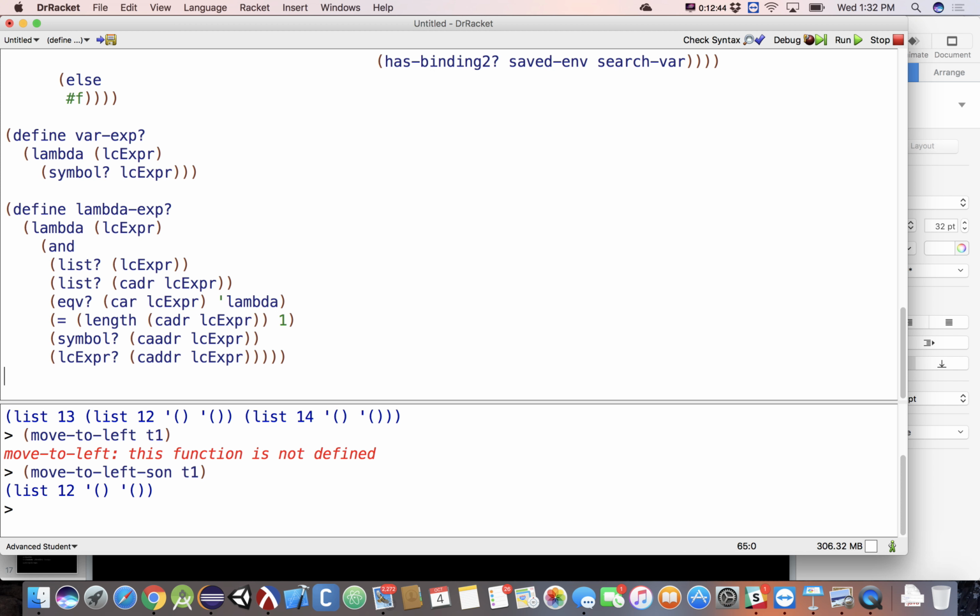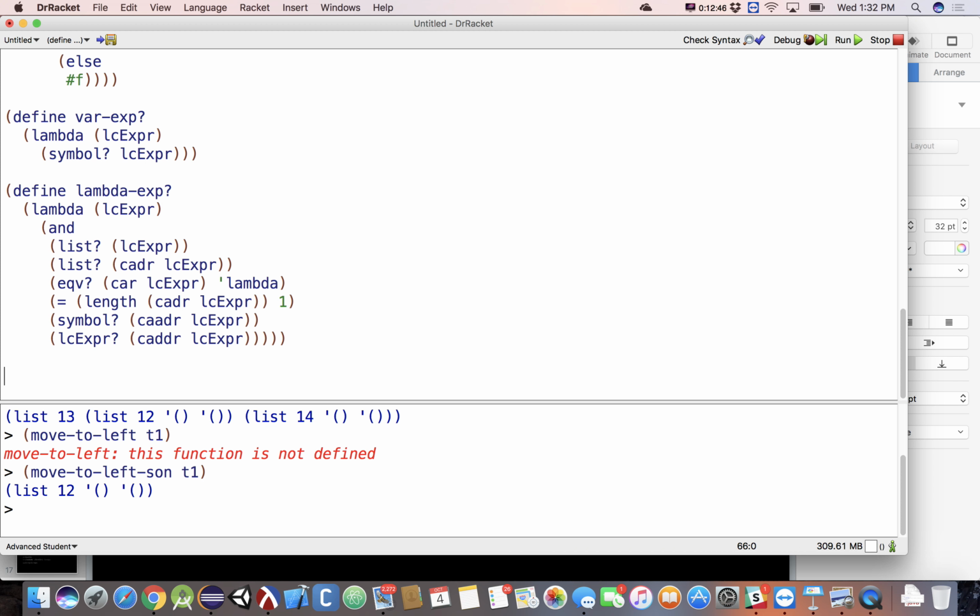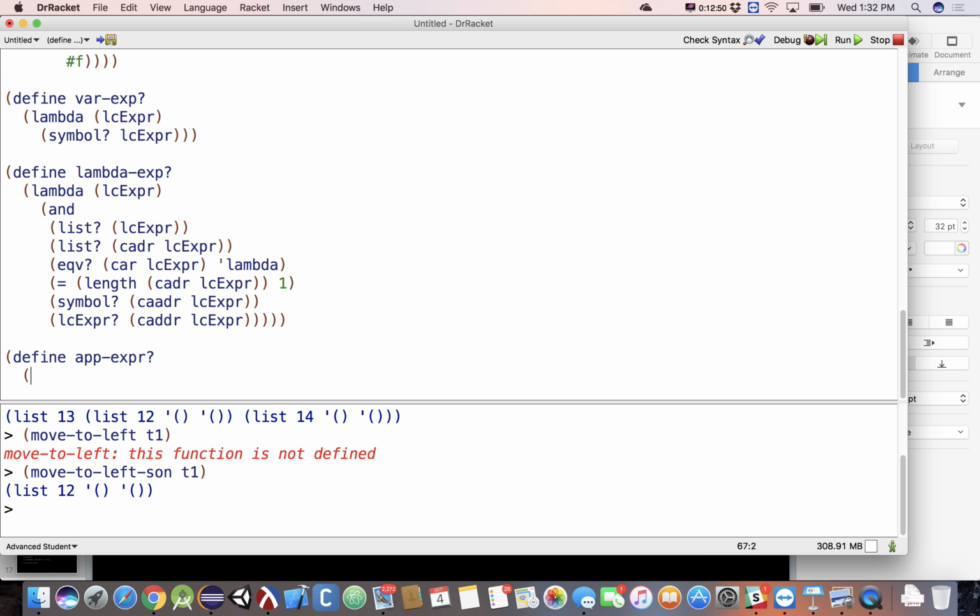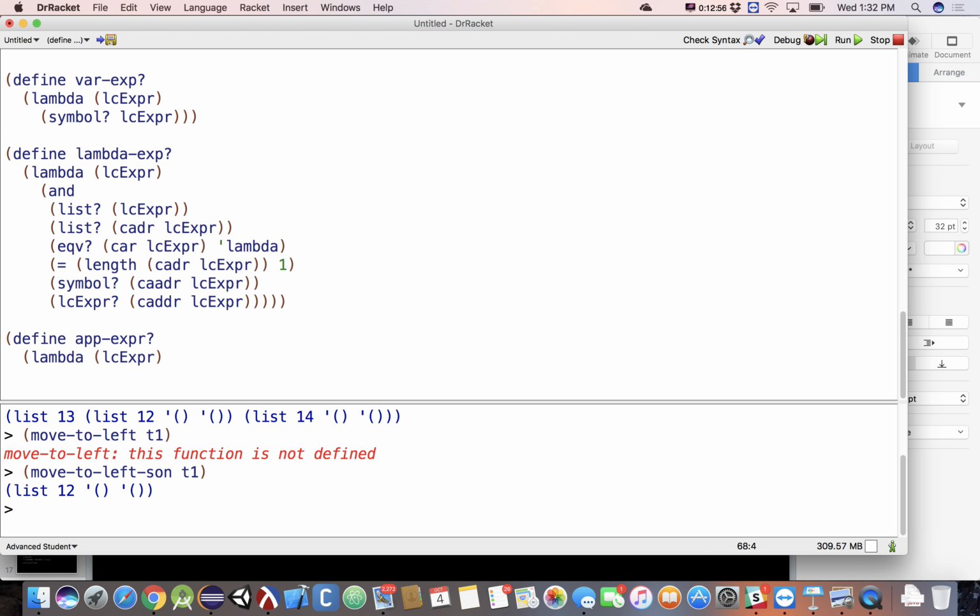Okay, what about our app expression? It takes a lambda calculus expression, and what do we do with it? What is an app expression? It's a list containing exactly 2 elements, right?